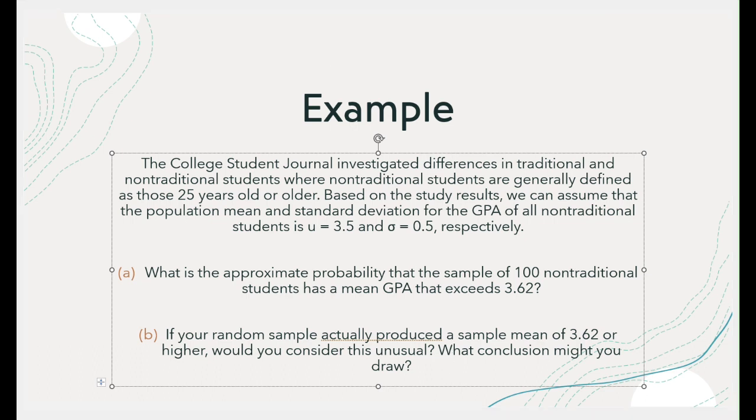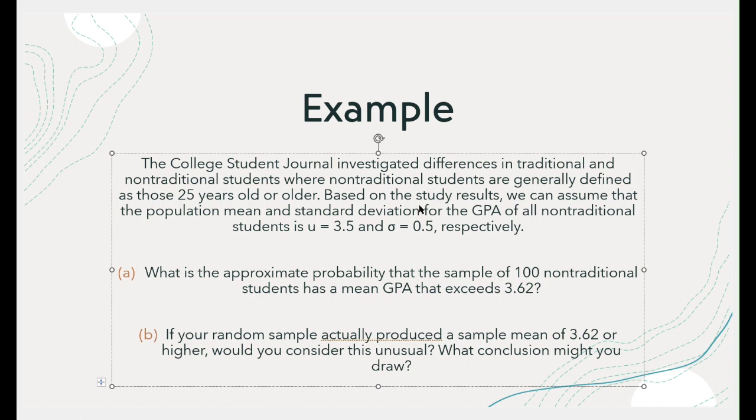And in fact, let's do this example right now. The College Student Journal investigated differences in traditional and non-traditional students, where non-traditional students are generally defined as those 25 years or older.